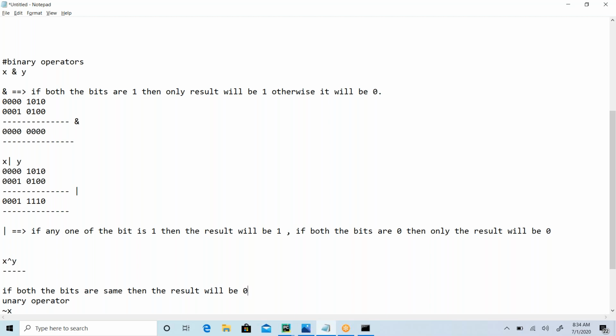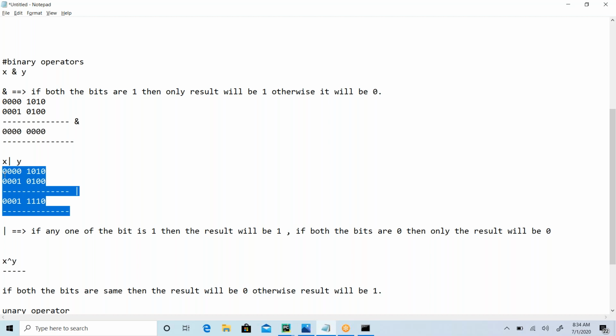If both the bits are the same, meaning either both of them are true or both of them are false, then the result will be false. That is what exclusive OR is. If both the bits are the same, then the result will be 0. Otherwise, the result will be 1. That is the point you have to remember.